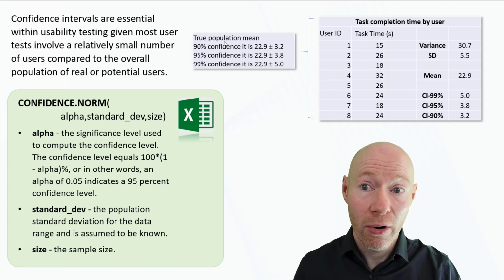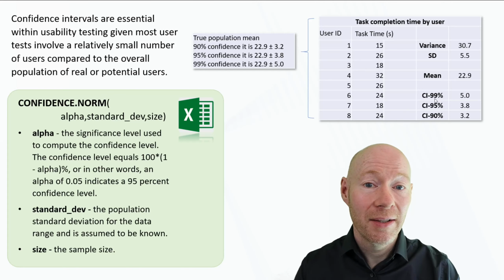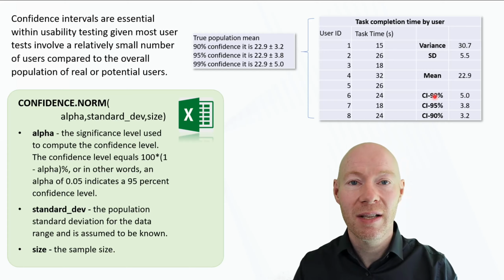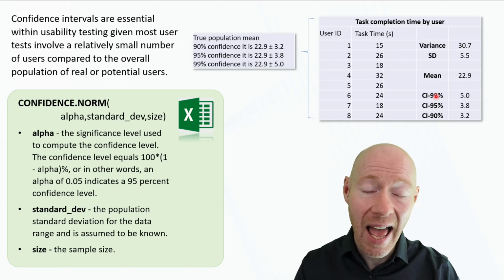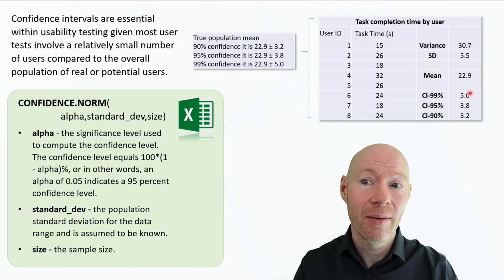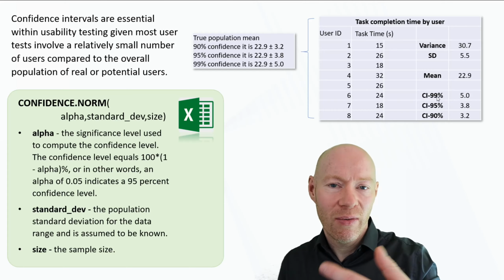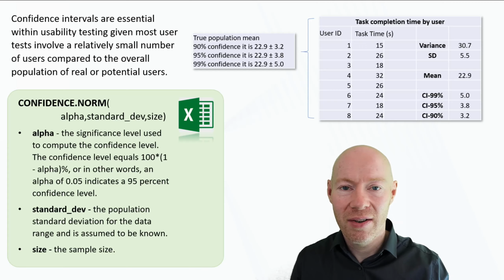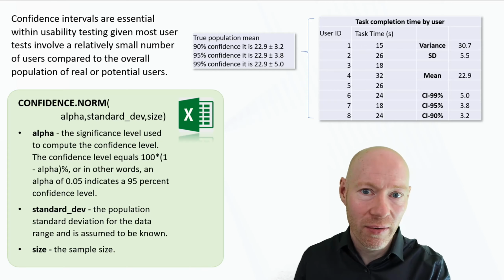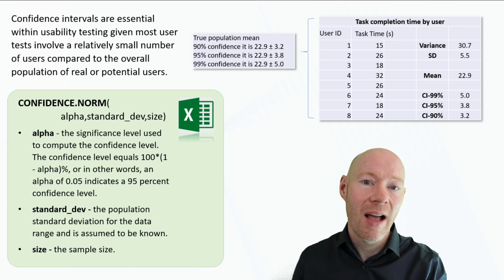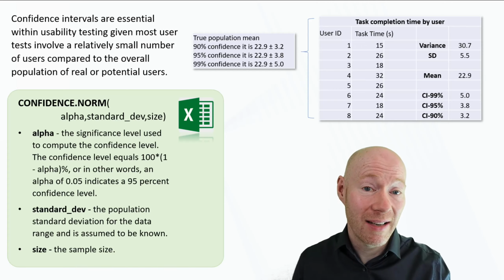If we go to our lookup table, and we were going for a confidence interval to be 99% certain, then we're going to have an overall value here of 5. So we've got our Z value, we've multiplied that by the standard deviation divided by the square root of the number of values here, 8, and that's given us a plus or minus 5 if we want to be 99% certain.